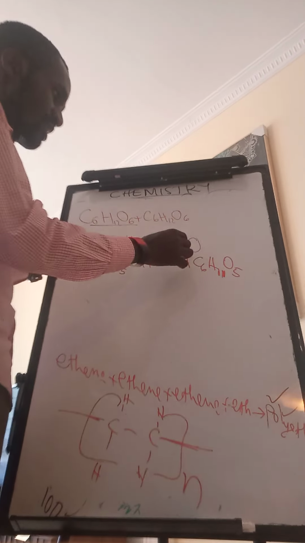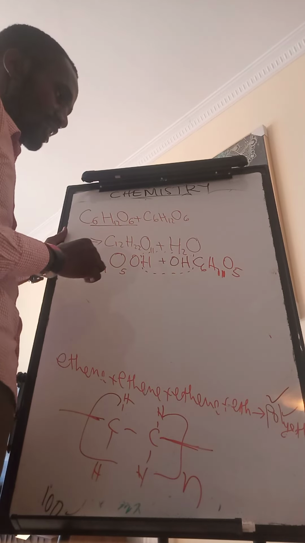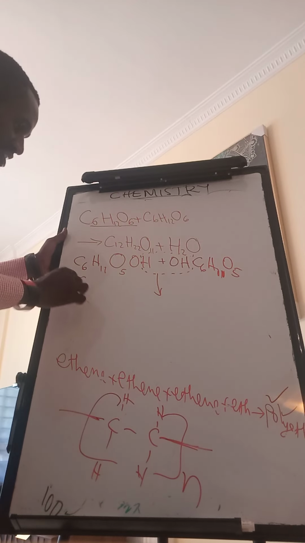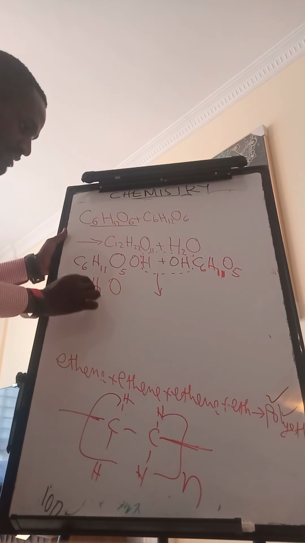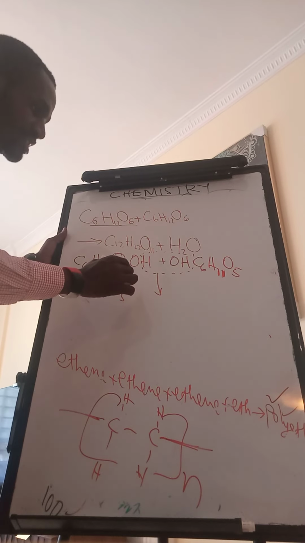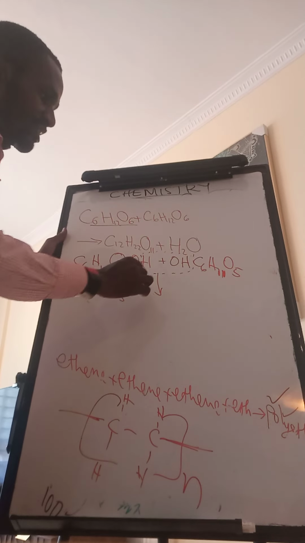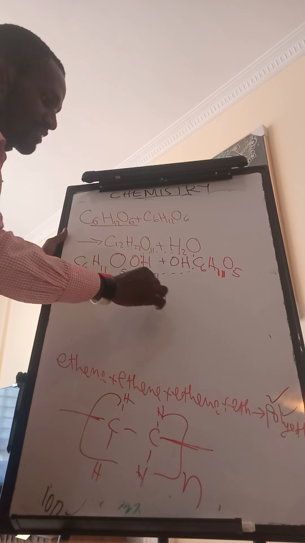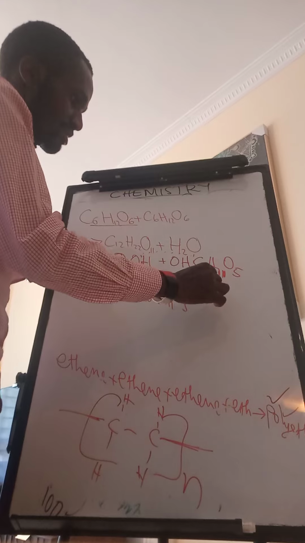So I'm interested in making the water molecule come out. So I'll have C6H11O5, and then it combines with this other one: C6, H11, O5, plus what?